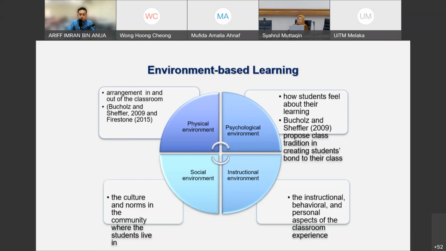Yeah, why is it like that? It is since the students live in different culture and norms. Yeah, they live in a culture where the girl will have limited contact with the opposite sex before they get married.